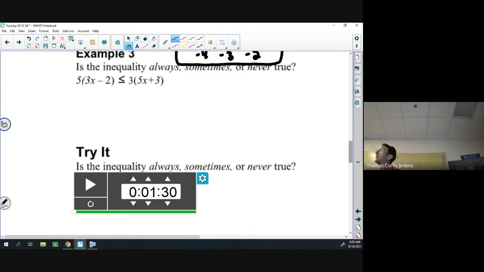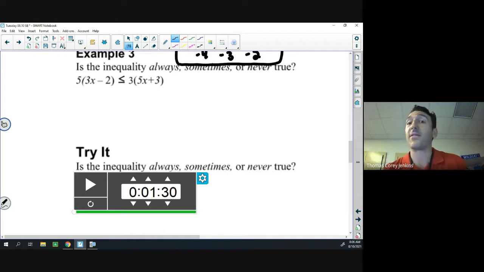It matters what the inequality symbol says, right? Once the variable terms cancel out, you're looking at, do I have a true or a false statement? So let's see what I'm talking about when we work this example 3, okay?